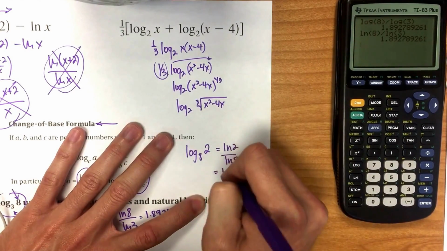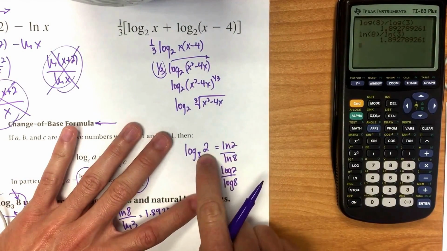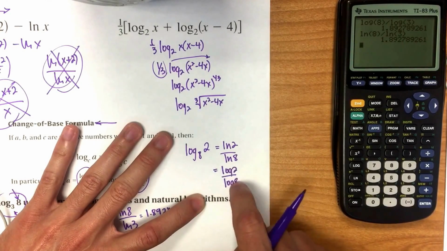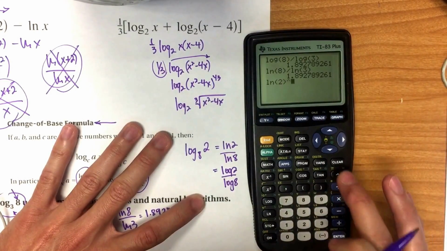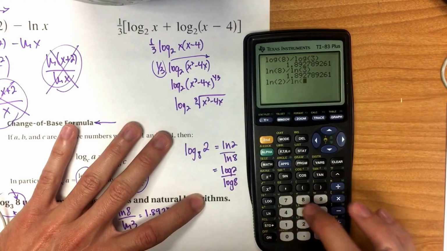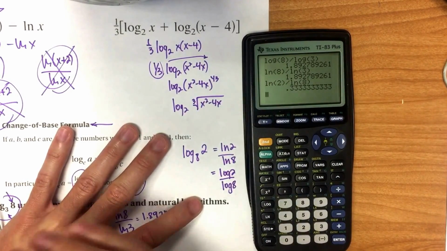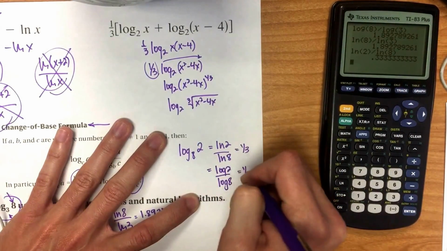Or I'd write it as log of 2 over log of 8. So notice, the big number goes on top, the smaller script number goes on bottom. And in both of those cases, if we evaluate them, we're going to get 1/3 as the answer because that's what it should be. That's actually one that we could have evaluated without a calculator.